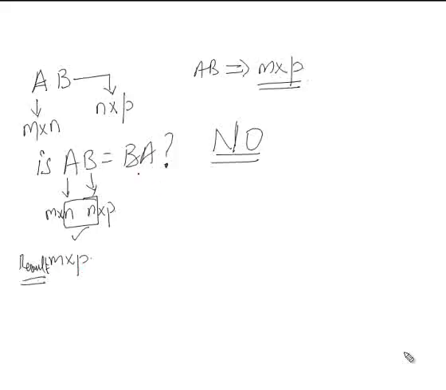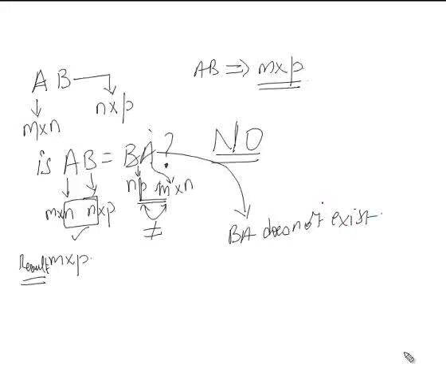If I want to do BA, what will happen? I will have an N cross P and A will be M cross N. These two are not equal. So BA does not exist.